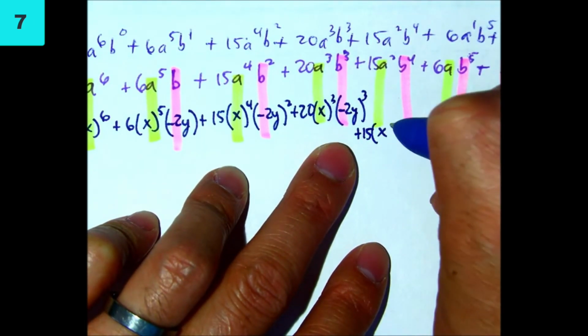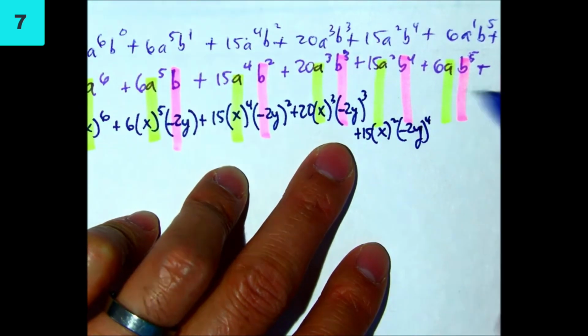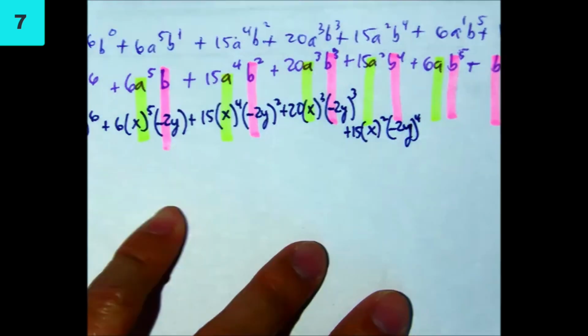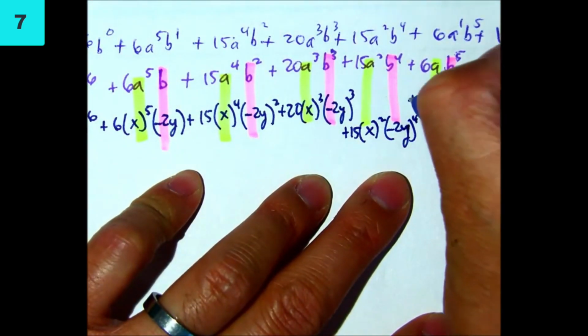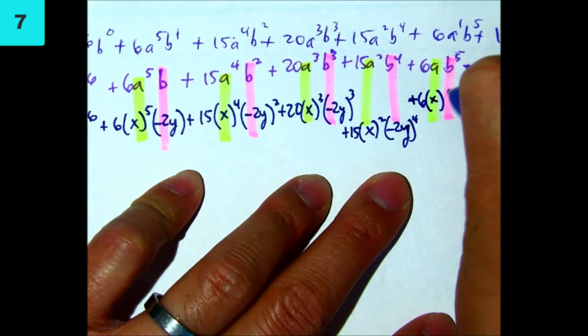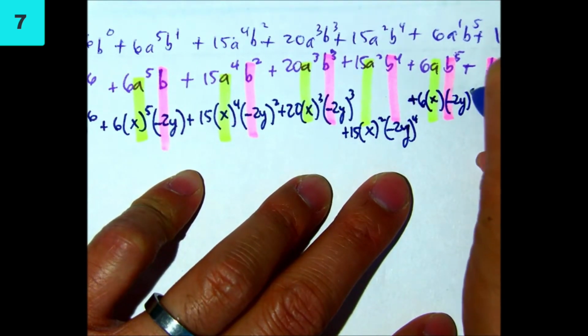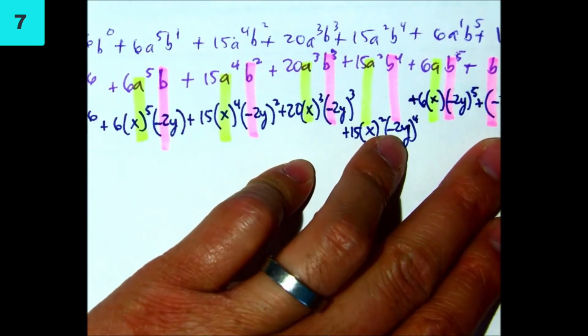x squared (negative 2y) to the 4th power, plus, let's go back up here, plus 6 times x (negative 2y) to the 5th power plus (negative 2y) to the 6th power.